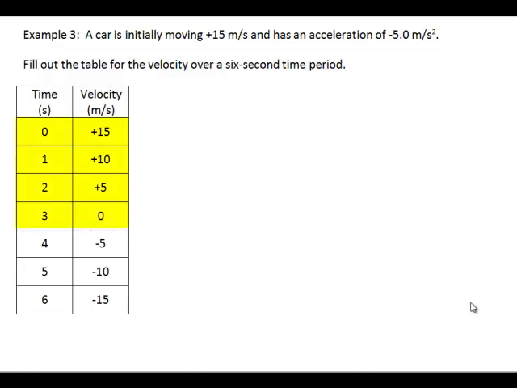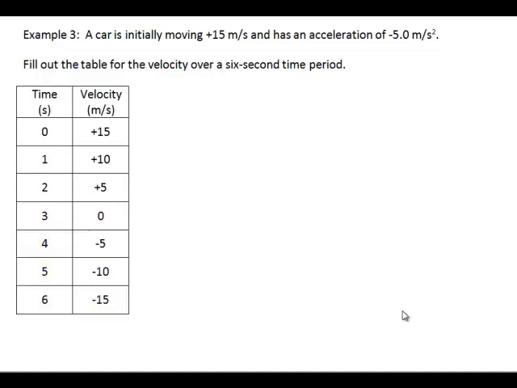In the first 3 seconds, it is moving in the positive direction and it is slowing down as time passes. It then comes to a rest at time t equals 3 seconds and then continues with an acceleration of negative 5 meters per second squared such that it starts moving in the negative direction and speeding up.